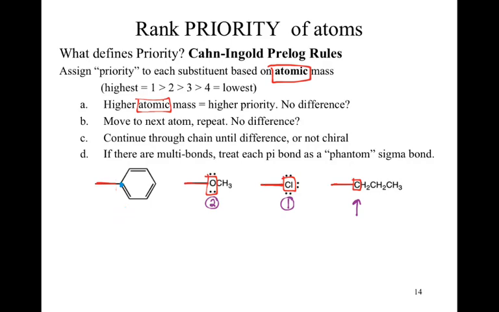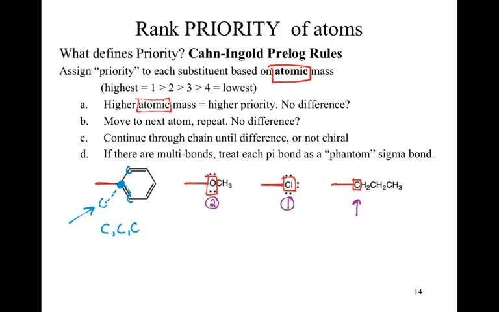Fake it until you make it. Fake it being sp3. And so to do that, what we'll do is look at that pi bond as kind of a phantom extra carbon. So when we're looking at the atoms connected to that blue carbon dot, we have a carbon, carbon, and a carbon.